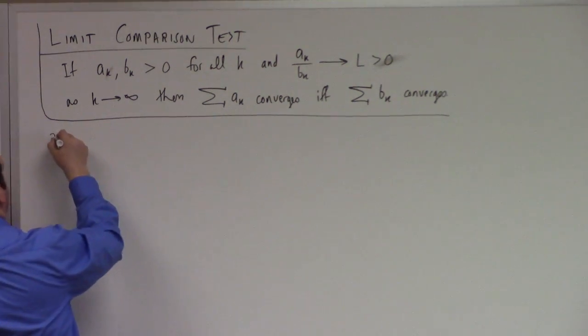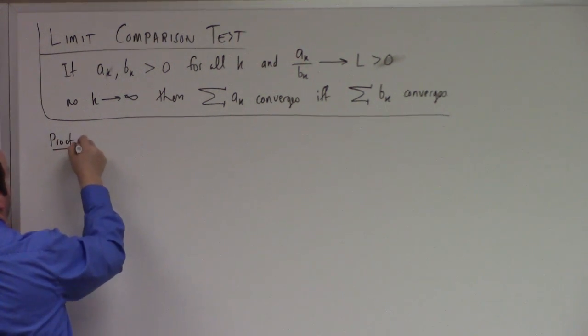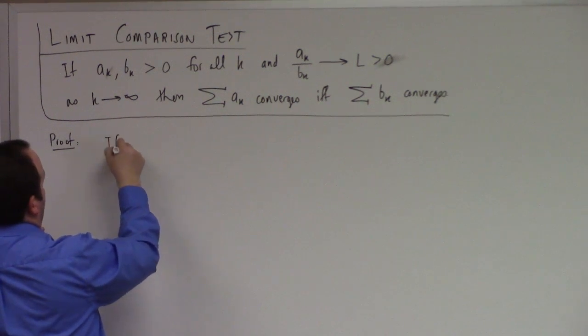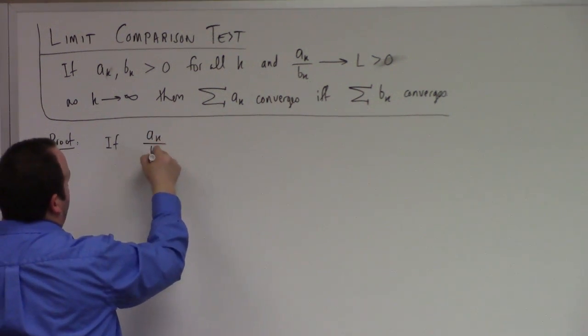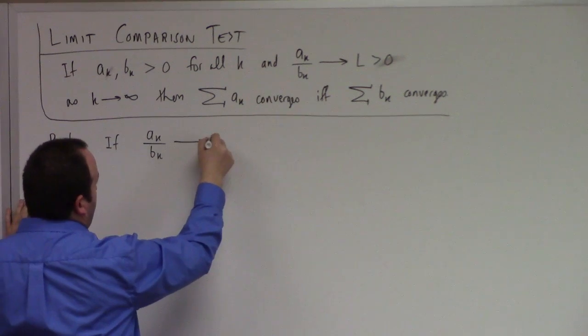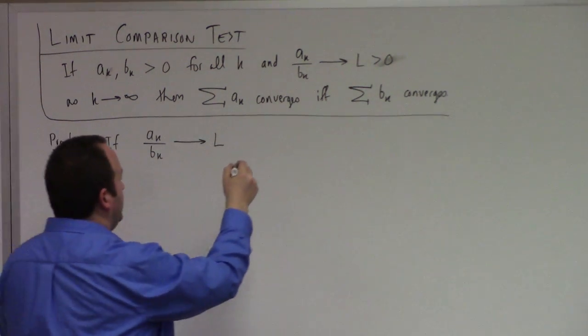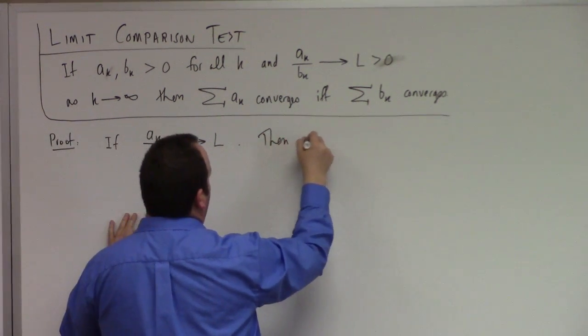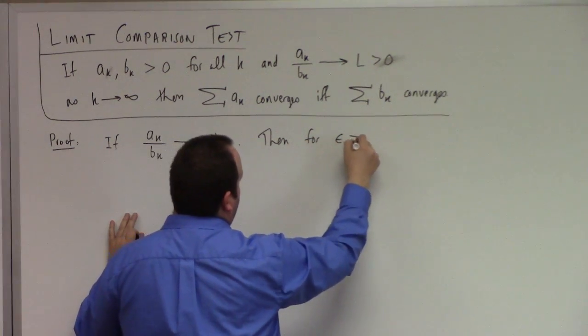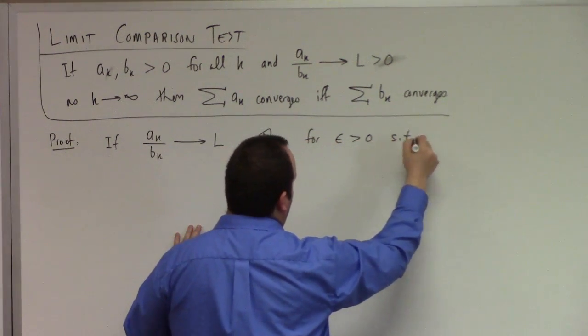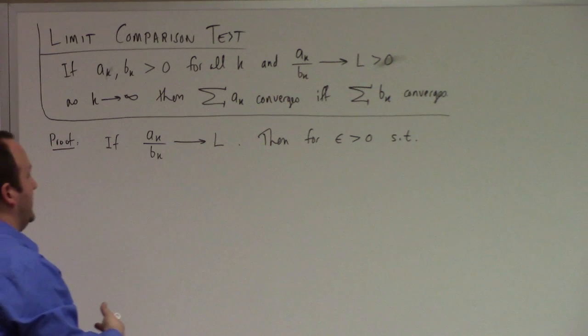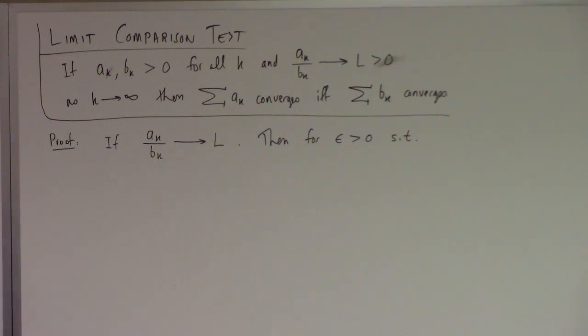So the proof, it's very pretty. If you have a_k over b_k going to L, then you can choose an epsilon greater than 0. You have the choice of any epsilon you like because the limit exists.